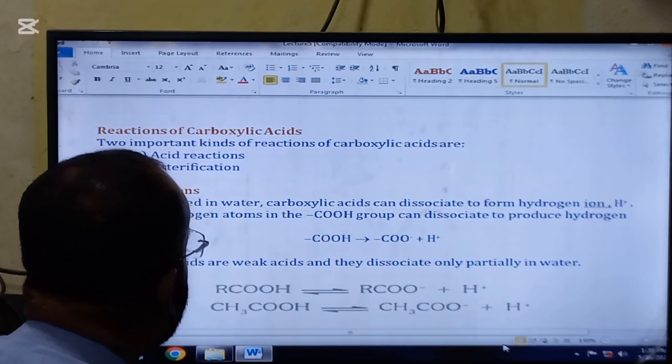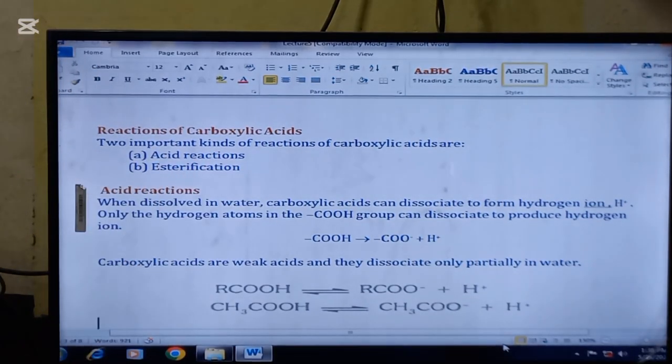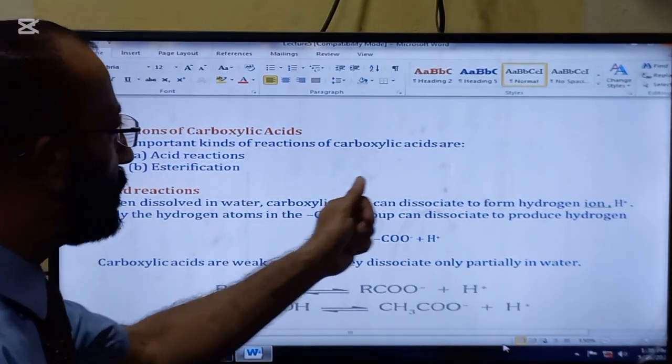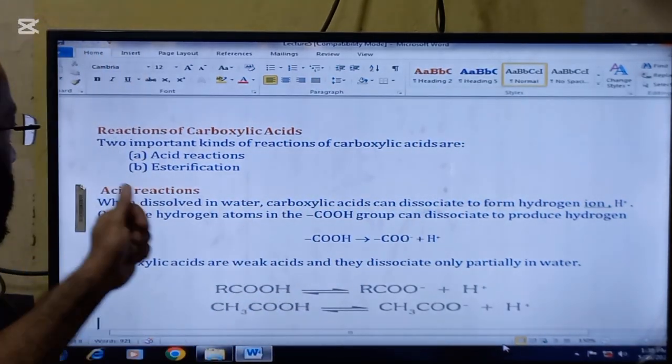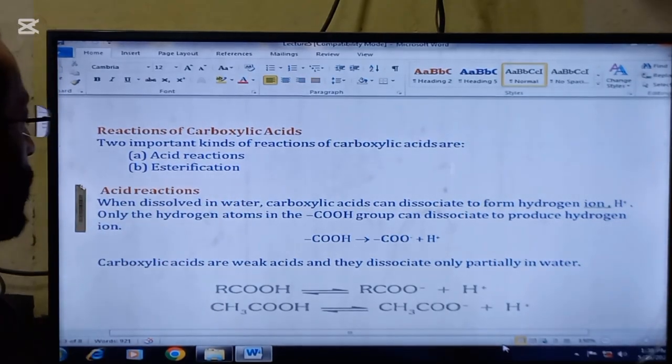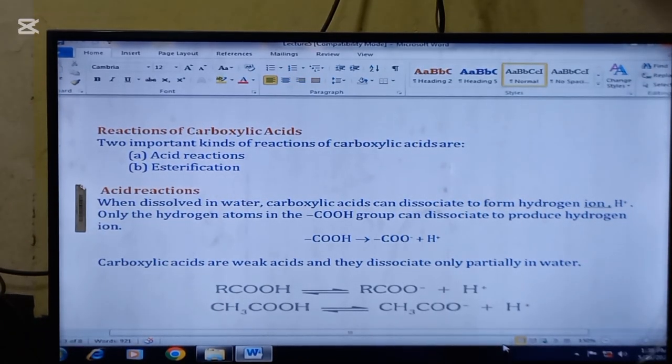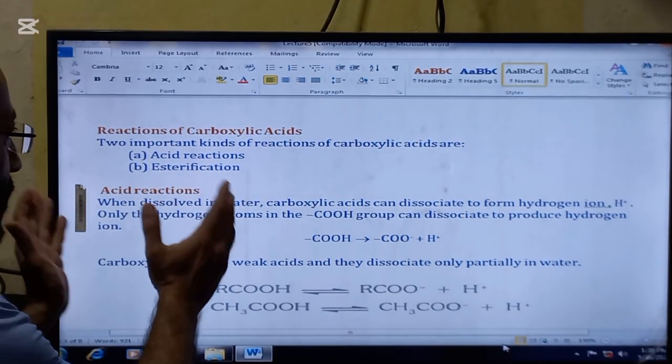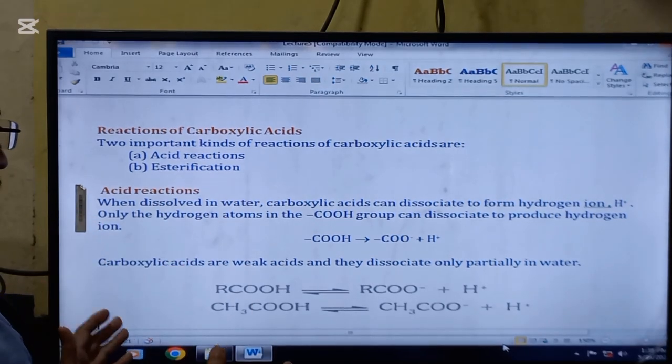Here are the reactions of carboxylic acid. Two important kinds of reactions of carboxylic acids are number 1, acid reactions, number 2, esterification. Now we will read these two kinds of reactions one by one in detail.